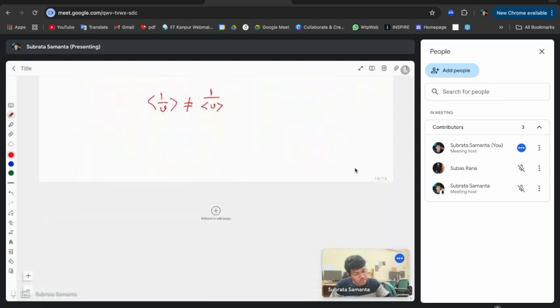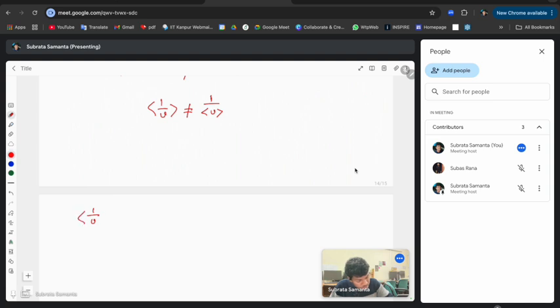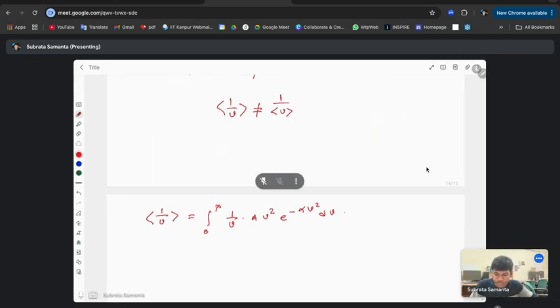If you compute it, this gives the integral from 0 to infinity of 1 over V times a times v square times e to the power minus alpha v square dv, which is basically the integral from 0 to infinity of a times v e to the power minus alpha v square dv.